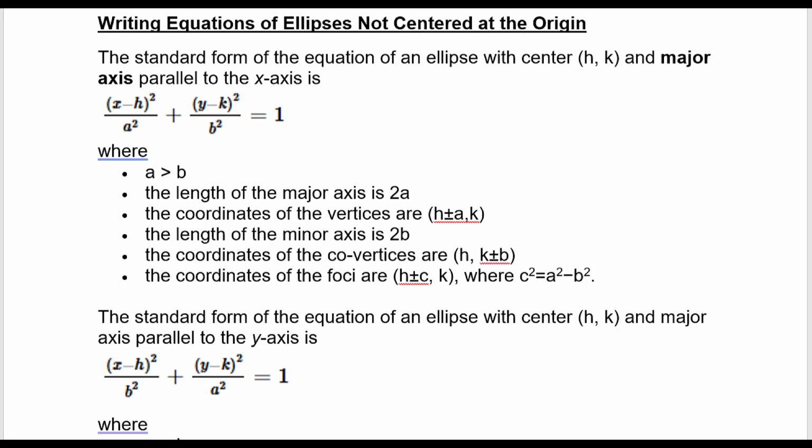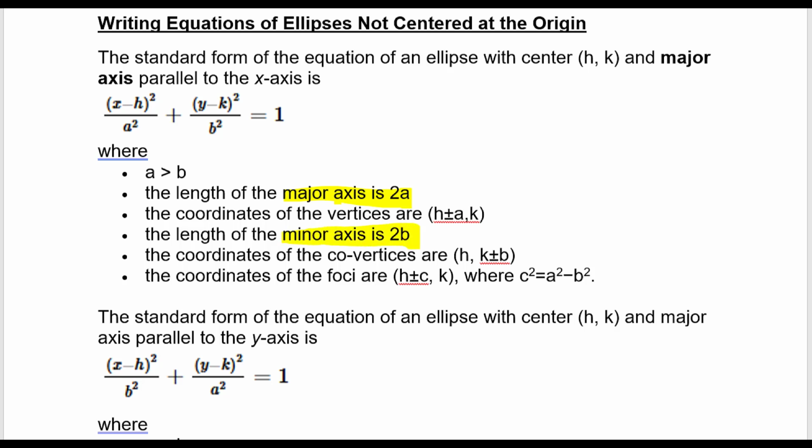So the standard form of the equation of an ellipse centered at (h, k) with major axis parallel to the x-axis is (x minus h) squared over a squared plus (y minus k) squared over b squared equals 1, where again, a is bigger than b. Length of the major axis is 2a. Coordinates of the vertices are h plus or minus a, comma k.